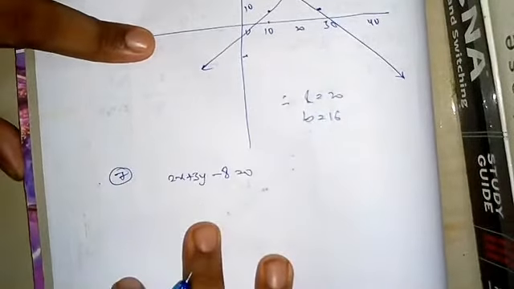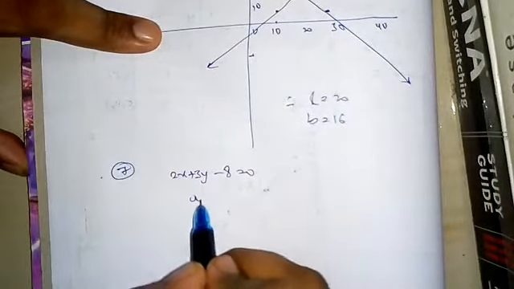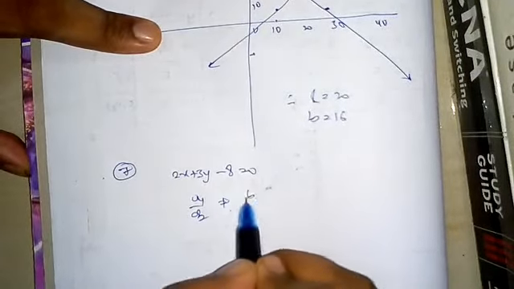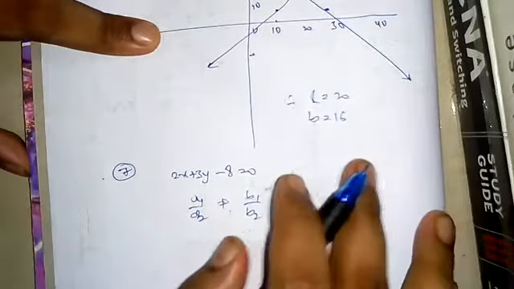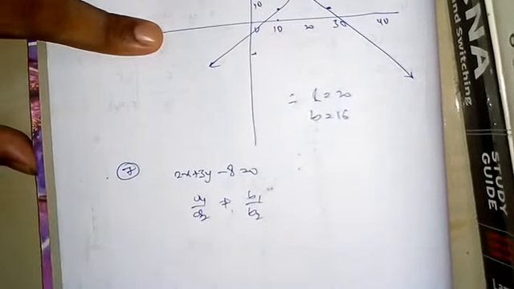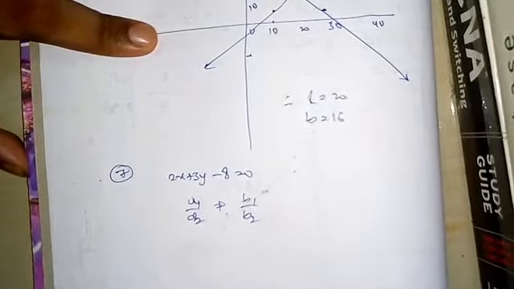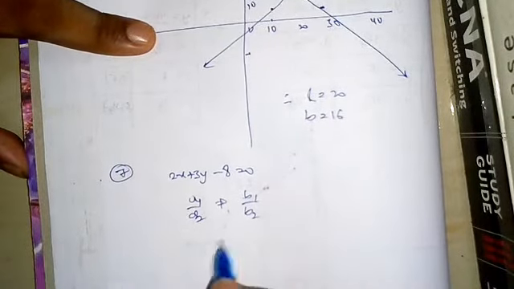For intersecting, a1 by a2 should not be equal to b1 by b2.